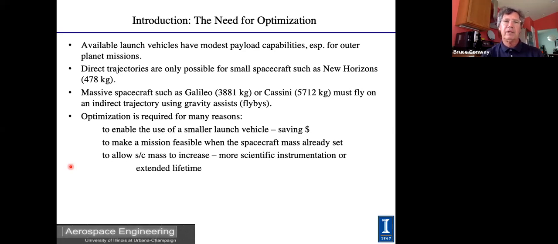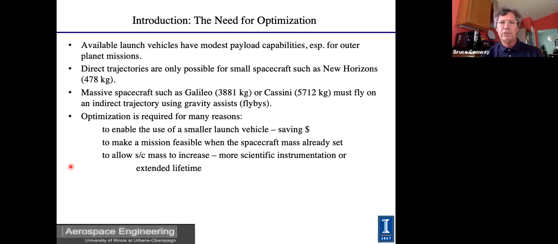In fact, the only case that I know of where a direct trajectory was used for an outer planet mission was New Horizons to Pluto, but that was a pretty small spacecraft. When you get to a spacecraft like Galileo or Cassini that are as big as an automobile or heavier, the only way to do that with existing launch vehicles is to use gravity assists or flybys.